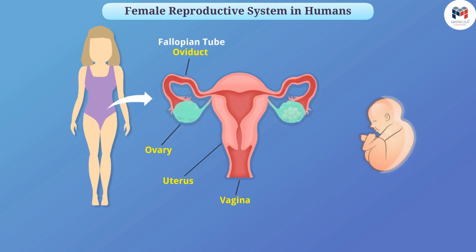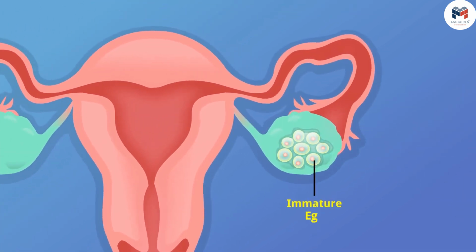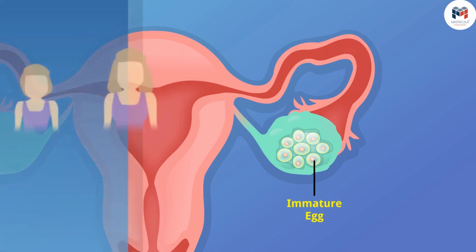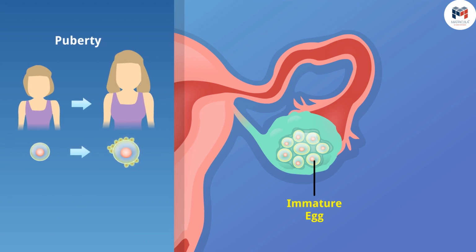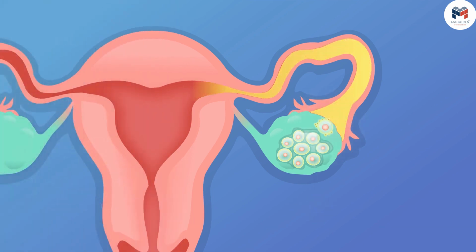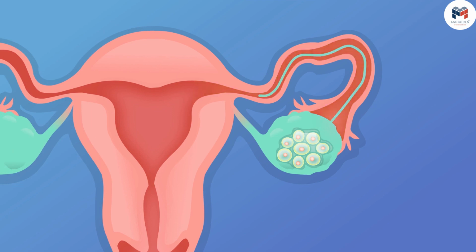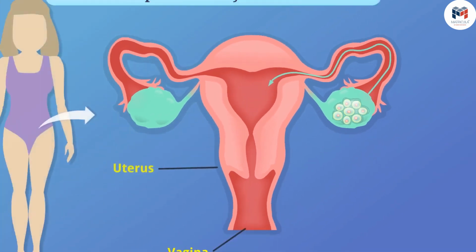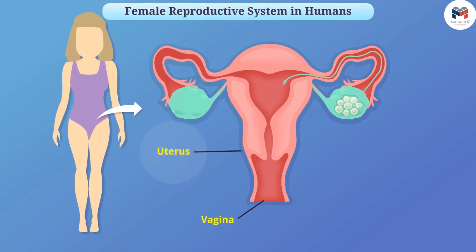From the birth of a girl, there are many immature eggs present in the ovaries. They begin to mature at puberty. An egg is matured by one of the two ovaries every month. It is carried by the fallopian tube into an elastic bag-like structure called the uterus. The ureter and the vagina are attached to the cylinder-shaped cervix.